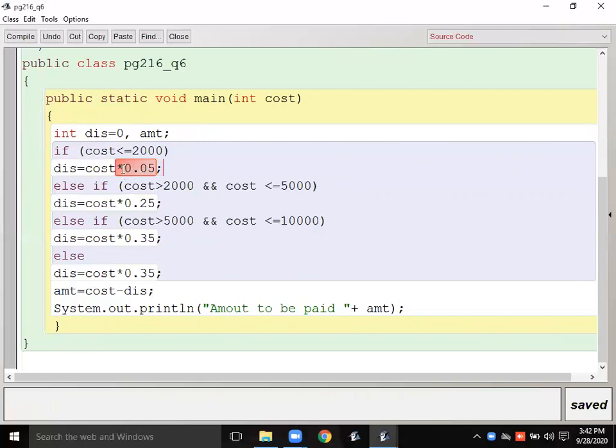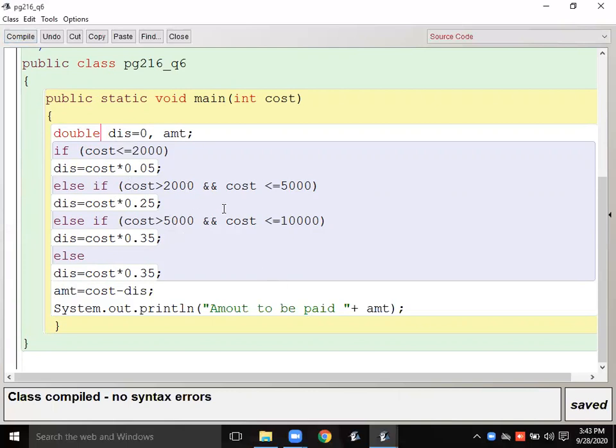Okay. If I am writing this, then I have to declare these variables as double, and here also it should be declared as double because 0.5 and discount is an integer. So here I'm changing it to double, right?